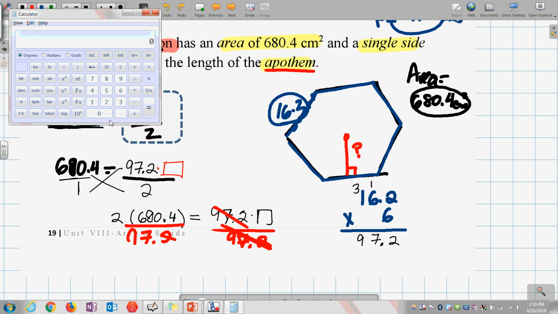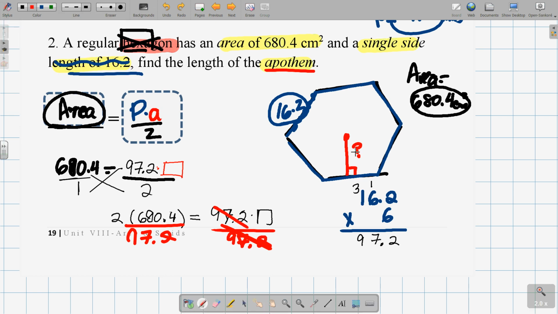You can follow on your own calculator. I'm going to go 2 times 68.4 divided by 97.2. And we found our apothem is 14.